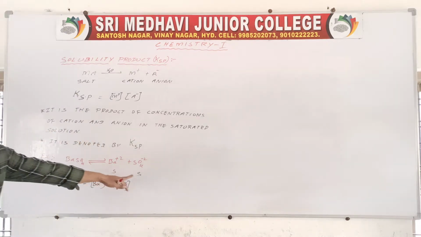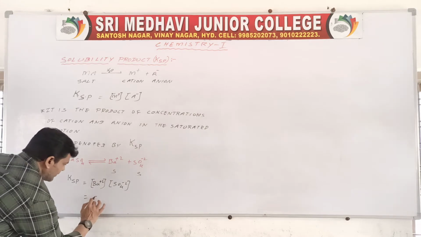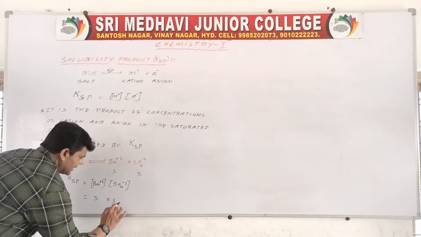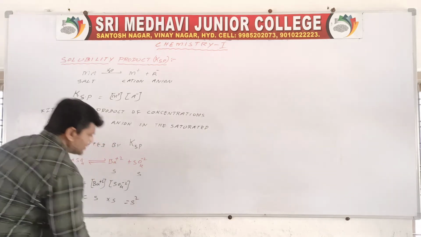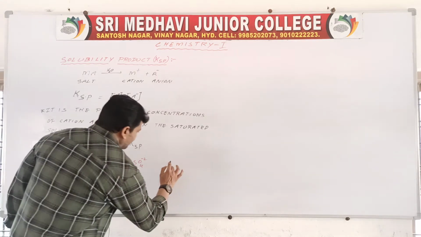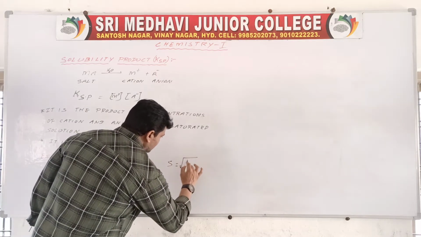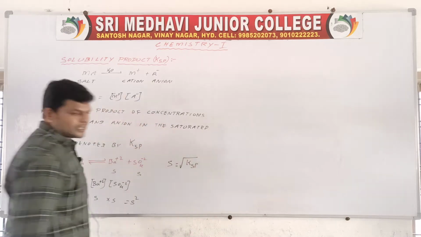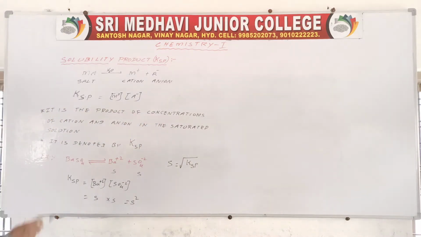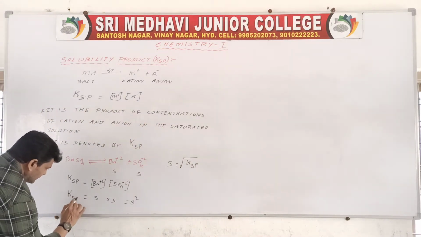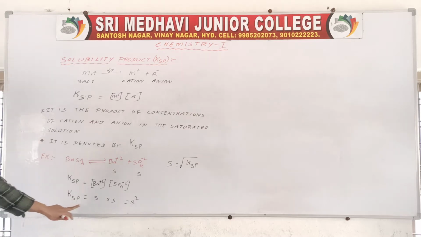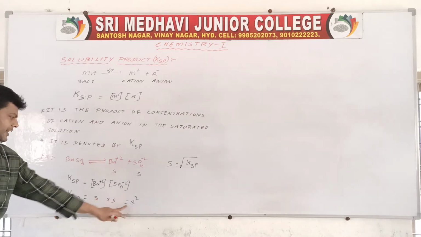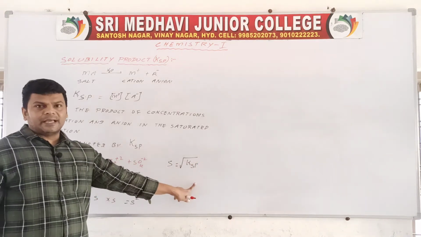This is equal to S and S, which is S square. Therefore, S is equal to under root KSP.